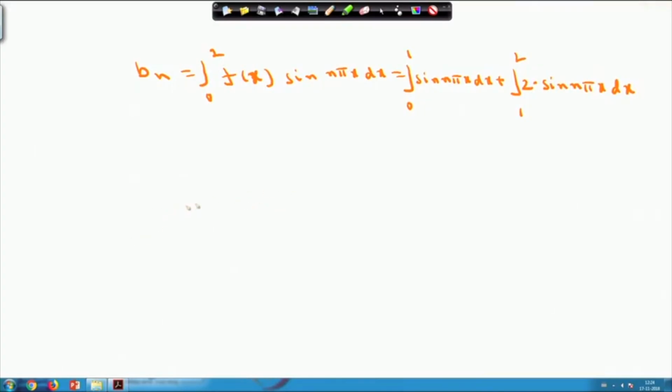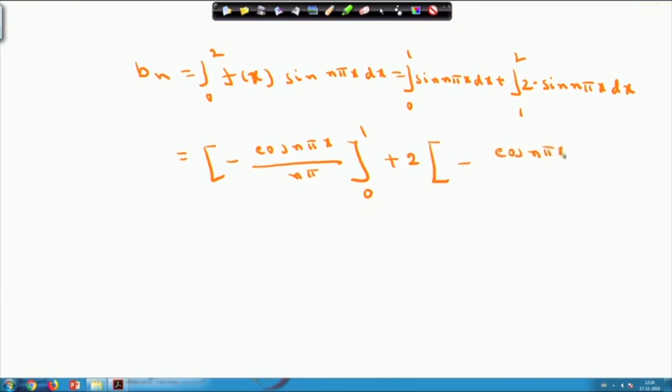And if you evaluate the integral, this is actually your 0 to 1, 1 to 2. So, I am just writing this: minus cos of n pi x by n pi from 0 to 1, plus 2 into minus cos n pi x by n pi from 1 to 2.